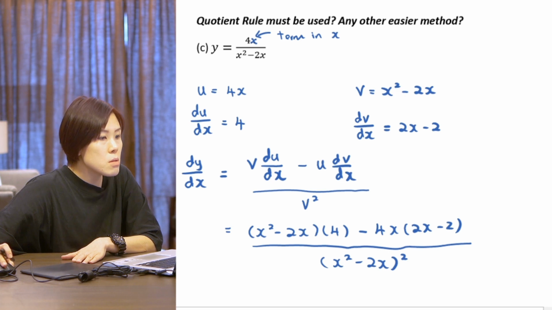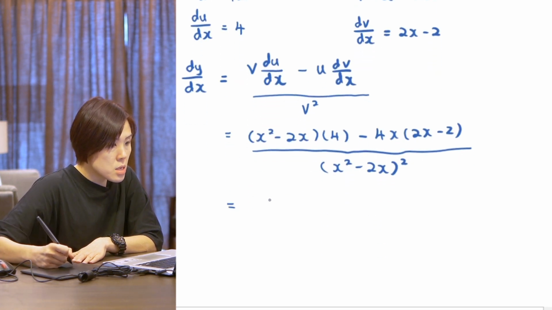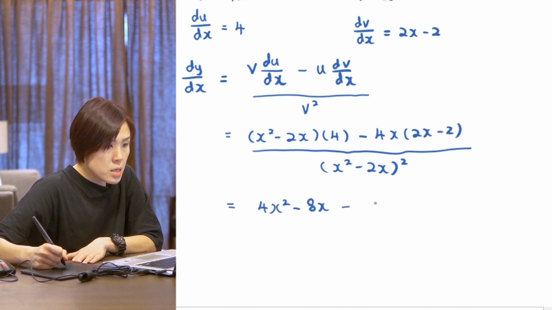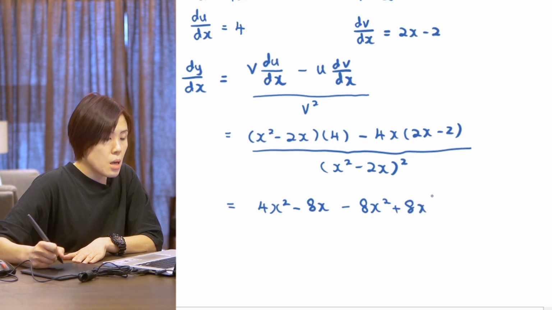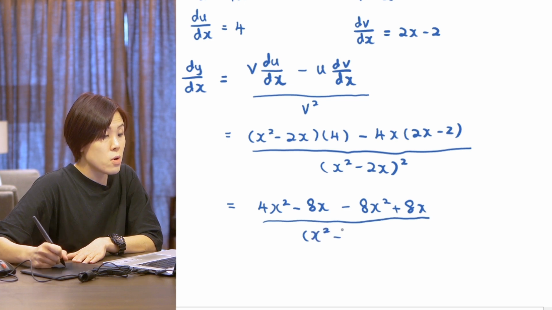Okay, let me scroll down a bit. Then we can just expand and simplify this. Then we have 4x squared minus 8x minus 8x squared plus 8x. And as for the denominator, you can choose not to expand it, so we will just put in this form.